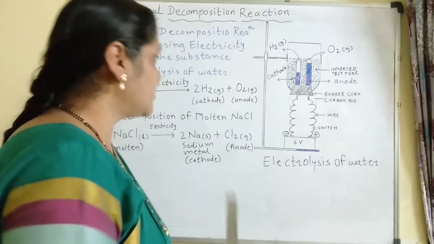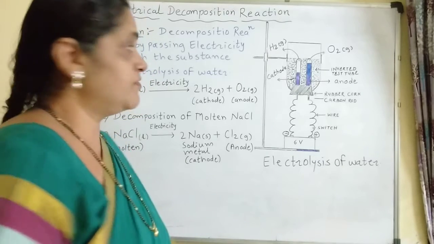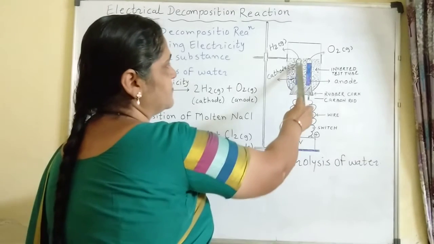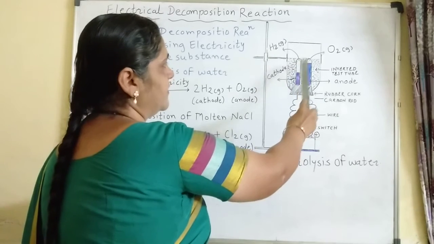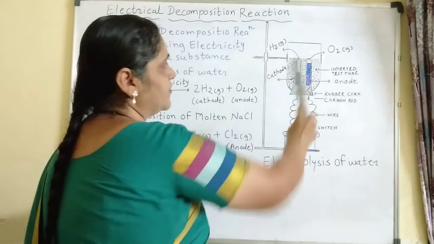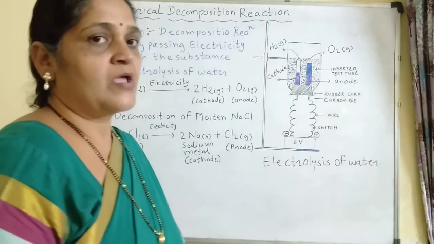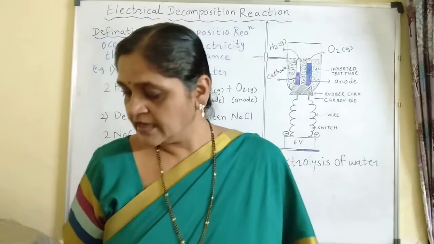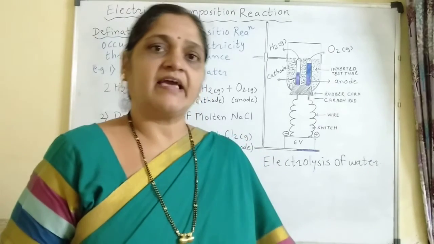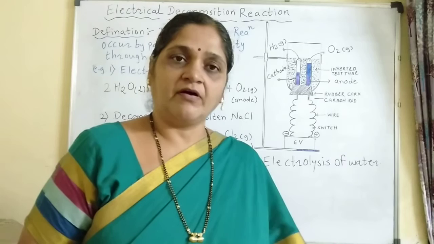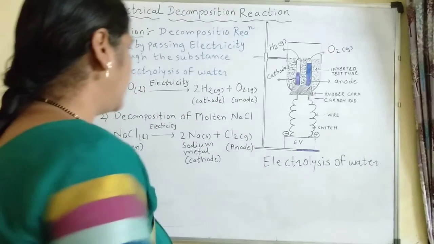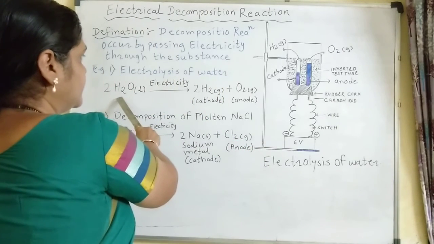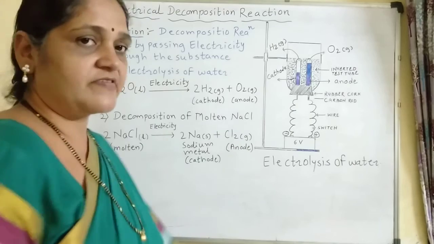You will find that the quantities of hydrogen and oxygen gas are different. This is the volume occupied by hydrogen gas, and this is the volume occupied by oxygen gas. Why is there a difference in volume? Because you know that a water molecule has two atoms of hydrogen and one atom of oxygen.